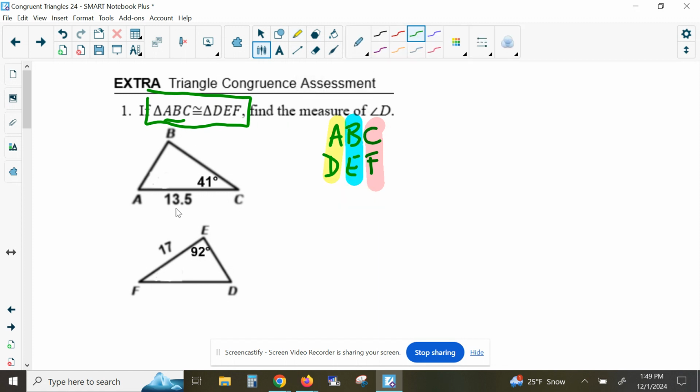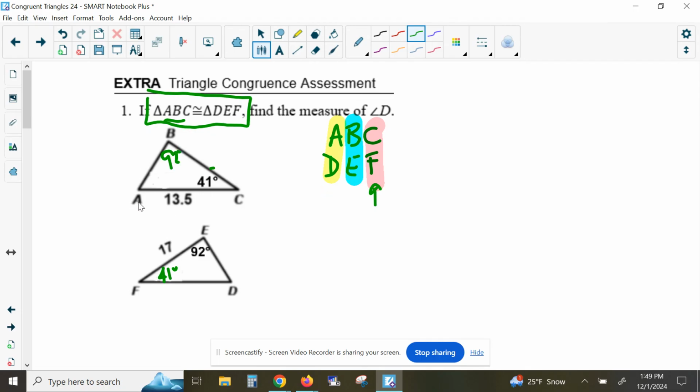So this angle C right here is the same as angle F. So I can't see that one right there. So that means that F is 41 degrees. So I'm going to fill that in because that's something I know. This 92 is E, so E matches B. So I just look at my little key here, and so I know this B has to be 92 degrees also.